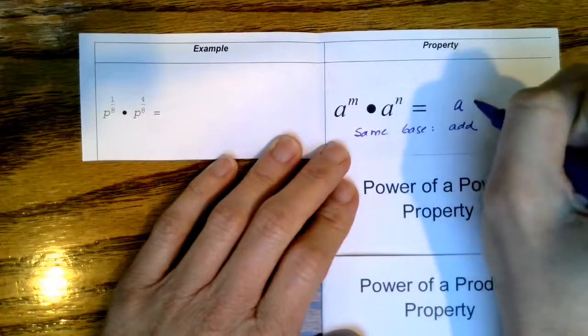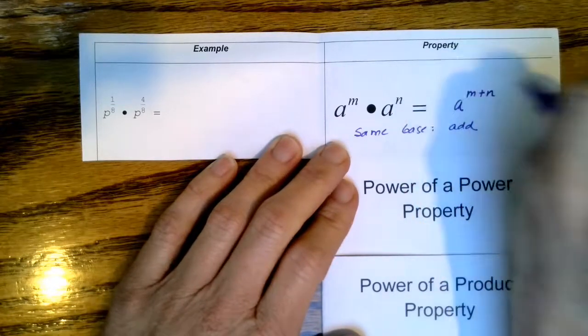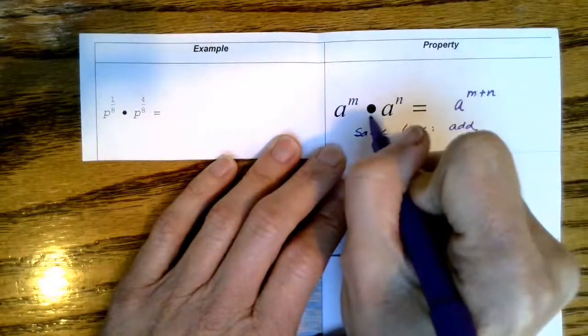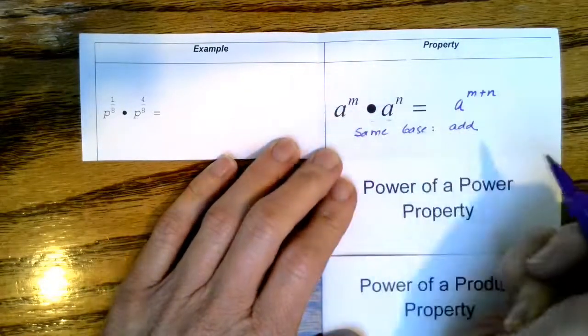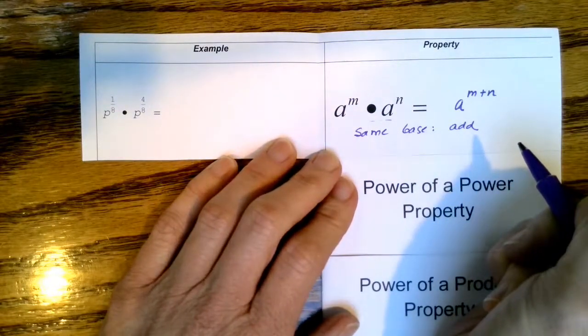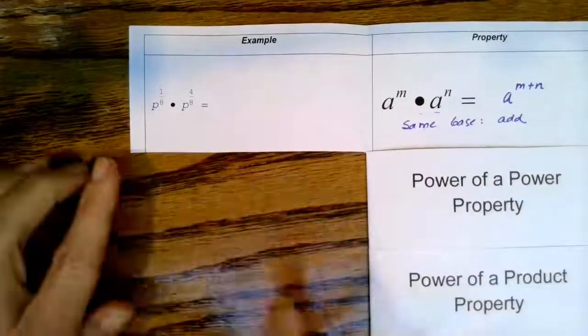So this is going to be equal to a to the m plus n. Keep in mind that the exponents are being added, but these are actually factors of a term, things that are being multiplied together.